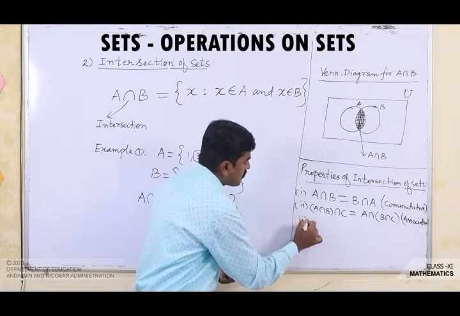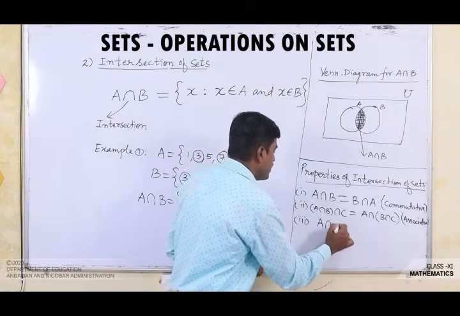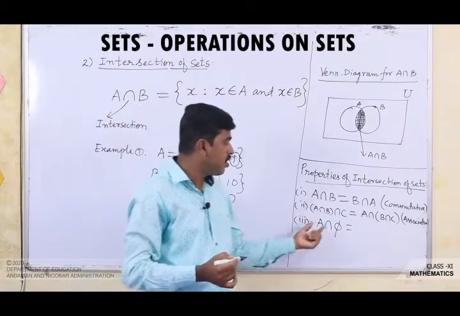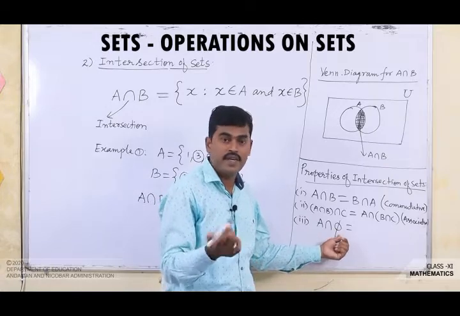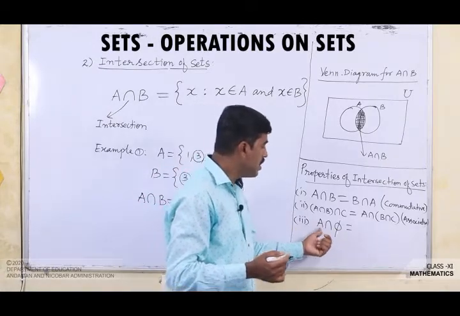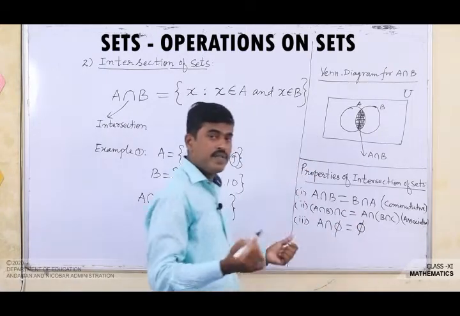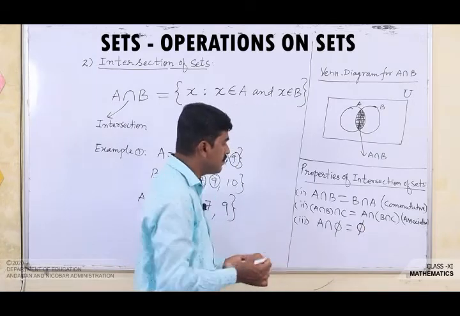Number 3: now what is A intersection phi? A intersection phi means we have to look for the common elements of A and phi, but there is no element in phi. So what are we going to get? A intersection phi is equal to phi. That means there is no common element, so we get phi.